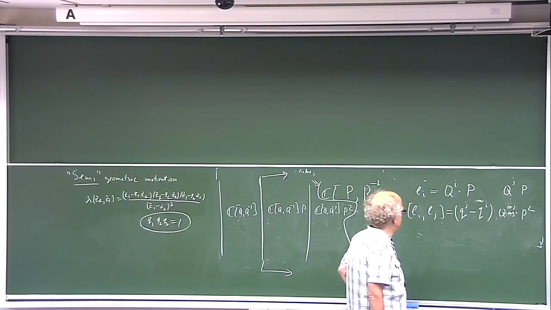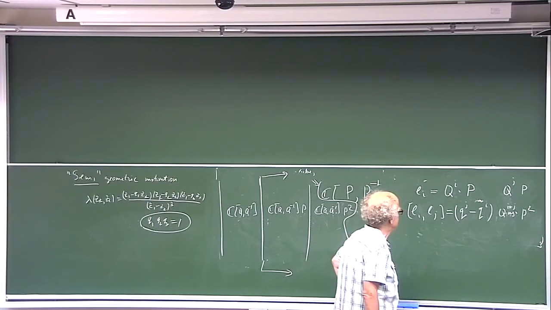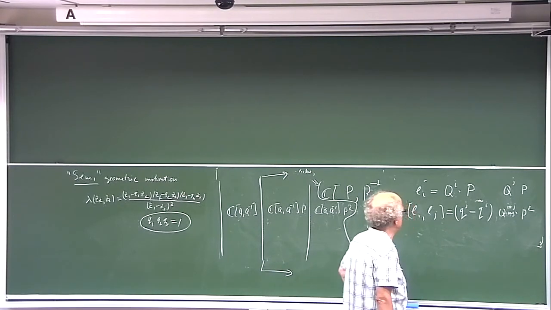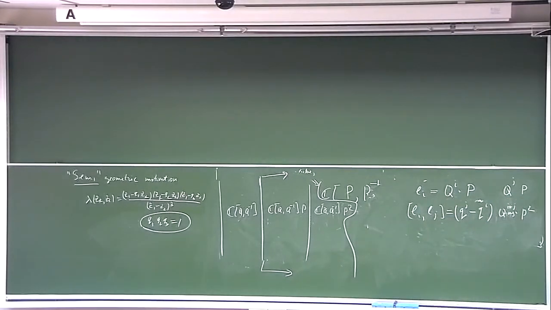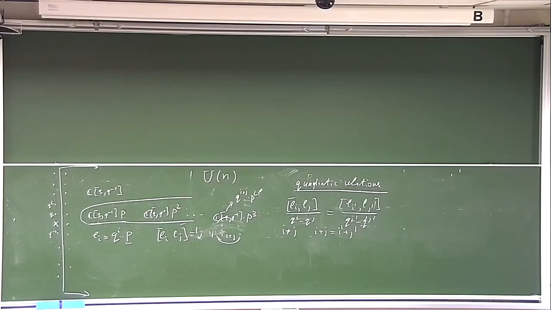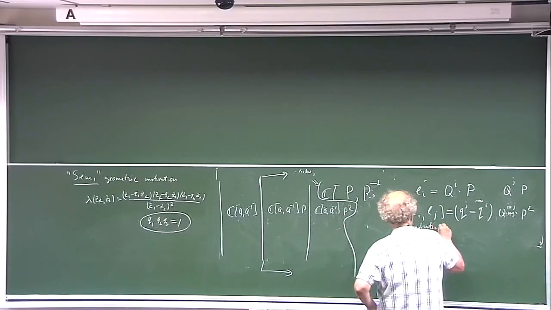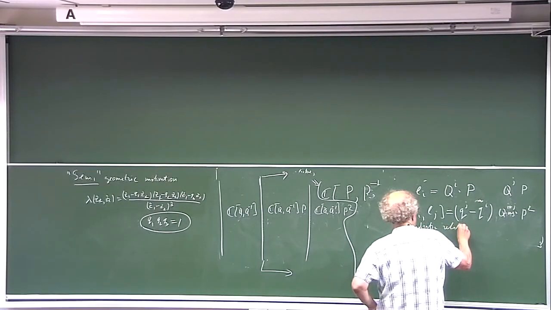Then in such an algebra, we have quadratic relations, which are just the same, but we have to put here Q_i minus Q_j, and put here Q_i' minus Q_j'.